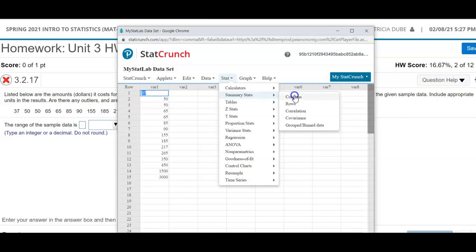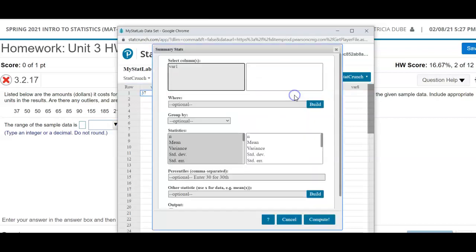Your data is in columns, so you pick Columns. You select the column you're working with, in case you had 2 sets of data, or you could add 2 columns. I want the stats for column var1, and then it'll give me these statistics if I just hit Compute.